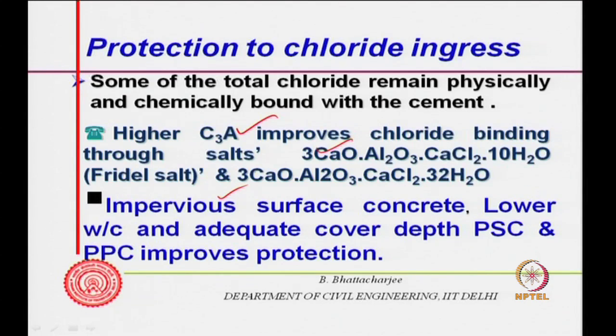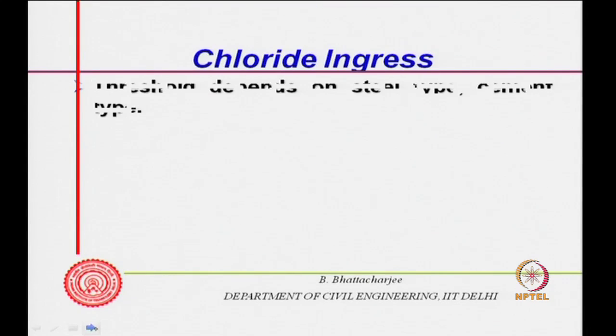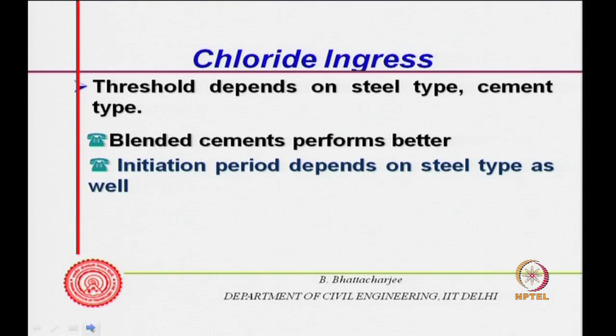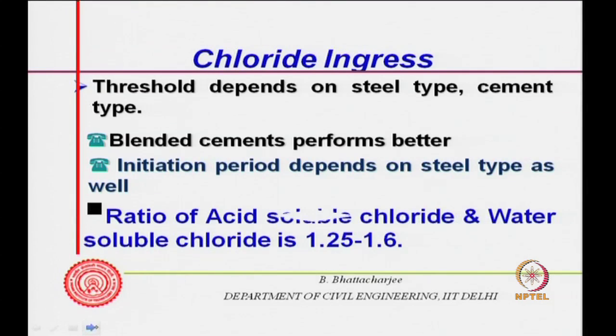Impervious surface concrete, lower water cement ratio, adequate cover depth, and PPC improve chloride resistance. Threshold chloride depends on steel, blended cement performs better, and the initiation period depends on steel type. The ratio of acid soluble chloride to water soluble chloride, the gamma value, is something like this.